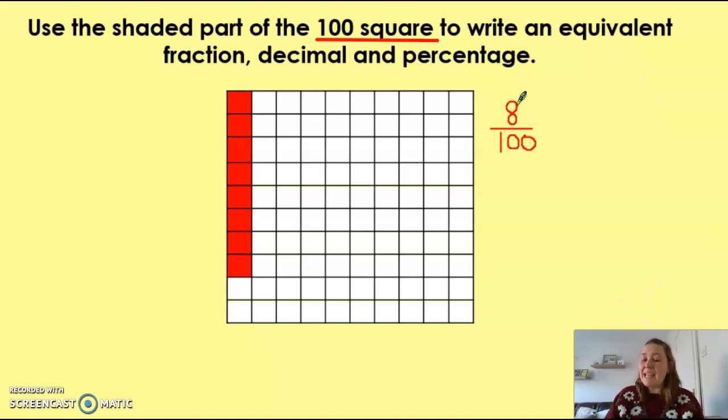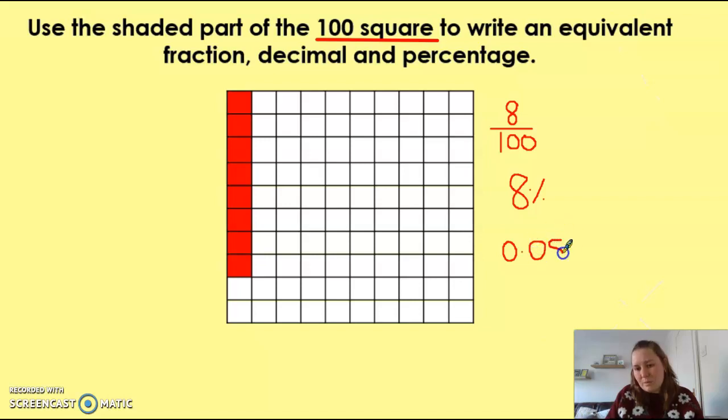Okay? 8 hundredths, 8 out of 100. Think how you can say it differently, because the different ways of saying it help you out. If I say 8 out of 100, I can see easily that that's going to be 8%, because I remember that percent means out of 100. But if I say it as 8 hundredths, it can help me with my decimal. I'm thinking, where's the hundredths position?